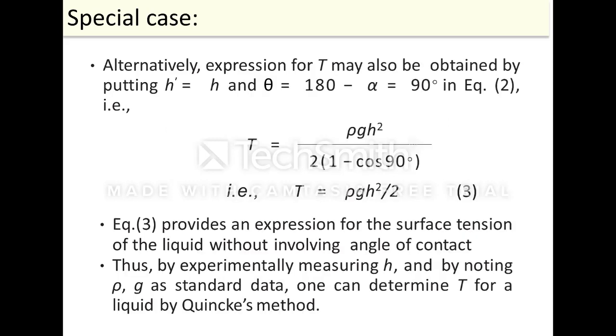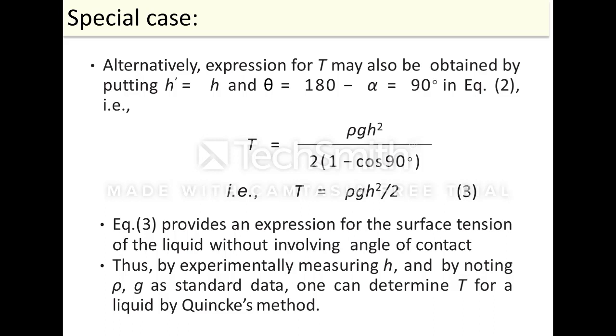Alternatively, the expression for T may also be obtained by putting h dash equal to h and theta equal to 180 minus alpha, which is equal to 90 degree, in equation 2. That is T is equal to rho g h square divided by 2 times (1 minus cos 90 degree). That is T is equal to rho g h square by 2.